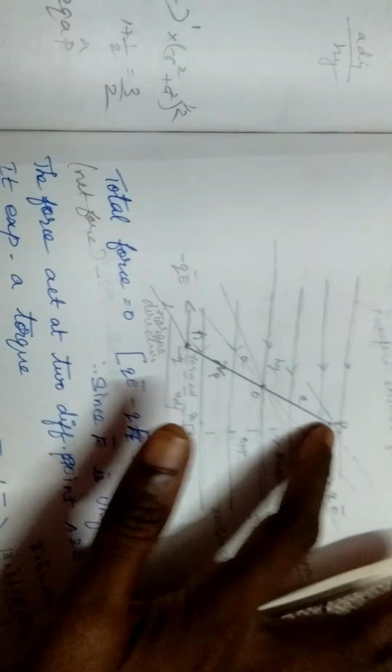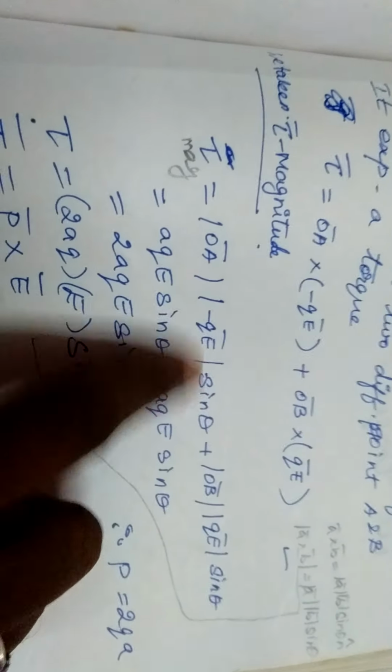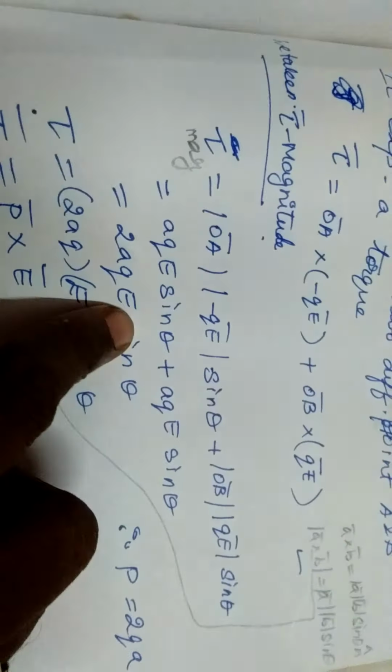Right. So now this is A, this is B. I am taking the small a there. So it is QE sin theta, plus the same again.